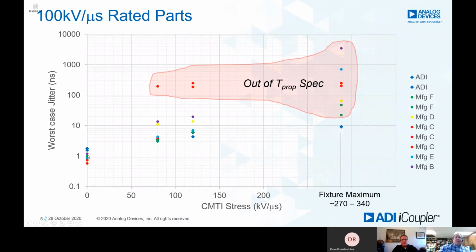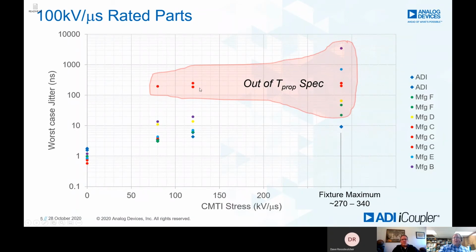One of the things to note is that we've got a log scale here, and I am taking the common mode stress well past the 100 kilovolts because I want to see how well the part works. With a couple exceptions, all the parts performed okay in the region of 100 kilovolts per microsecond.